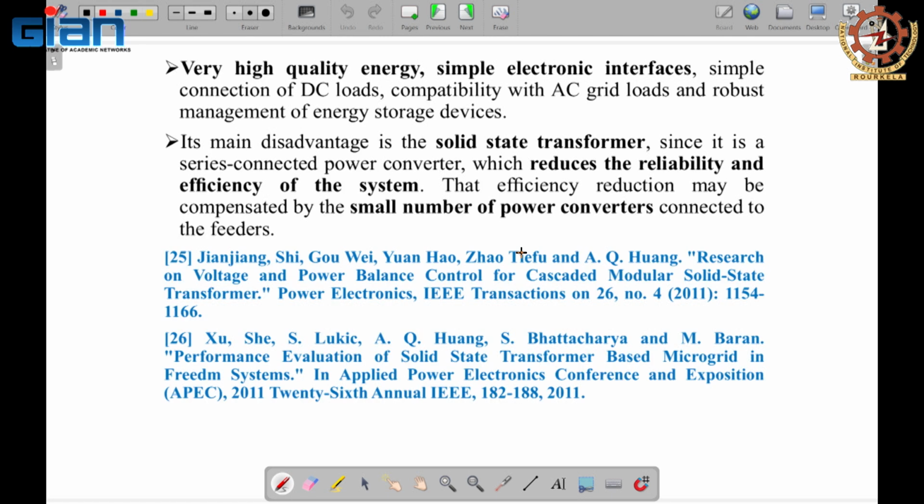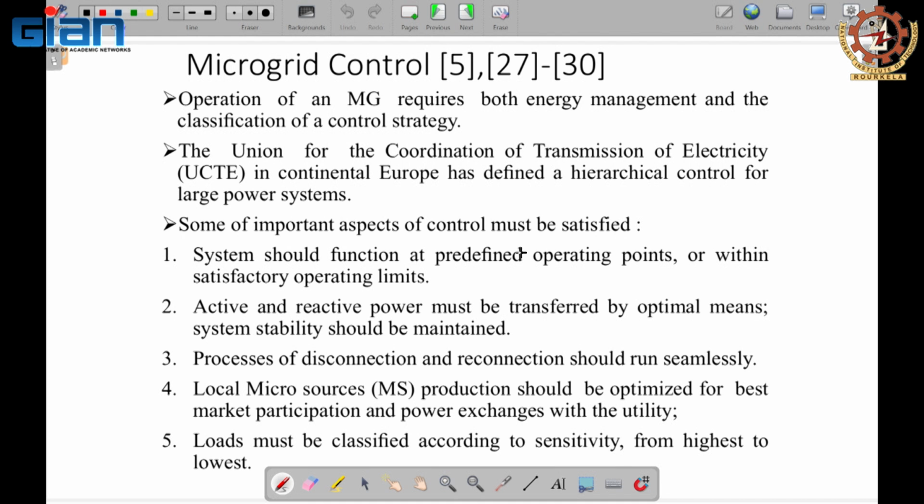Now talking a little bit about microgrid control. As you see, when we have this power system, for the power system to operate efficiently, some of the electrical parameters have to be maintained within the acceptable value.